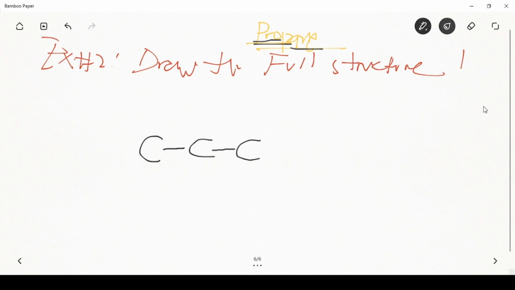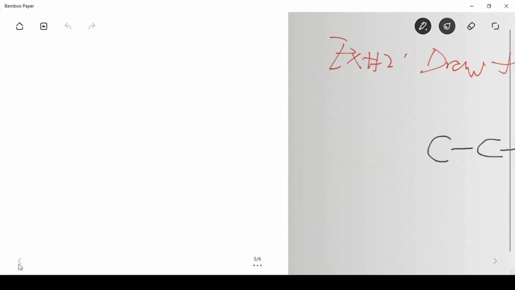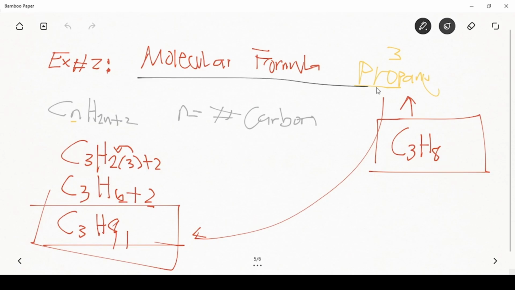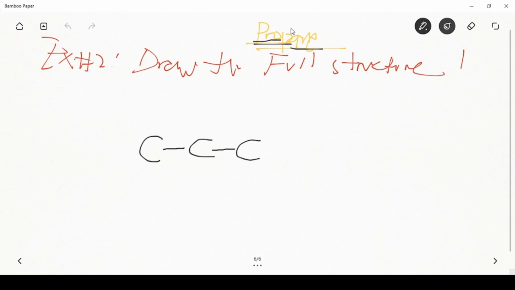Now, every carbon will carry hydrogens. In order for us to identify the number of hydrogens, let's go back to its molecular formula. The molecular formula of propane is C3H8. So let's write it here, C3H8.